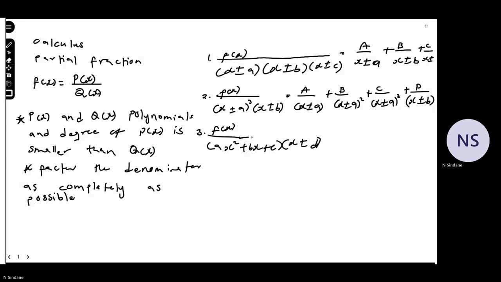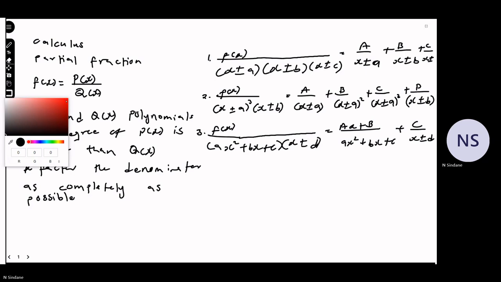So you're given something like this. You can rewrite it as a x plus b over a x squared plus b x plus c, plus c over x plus or minus d.